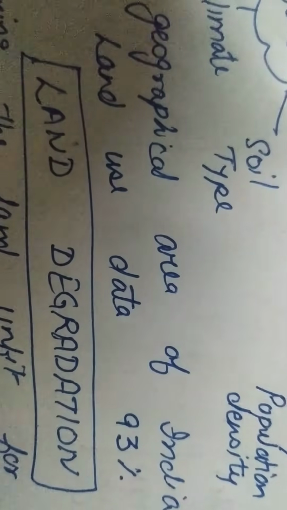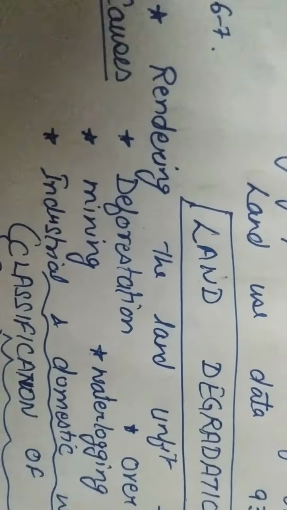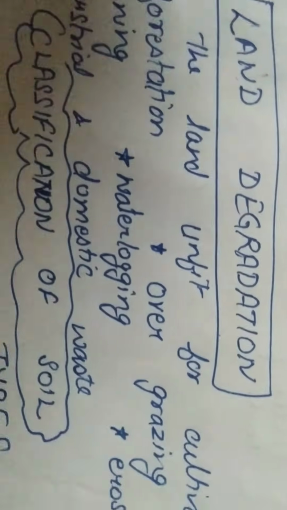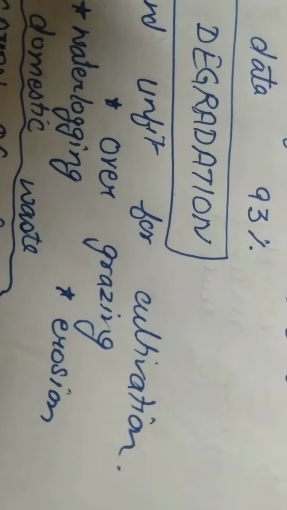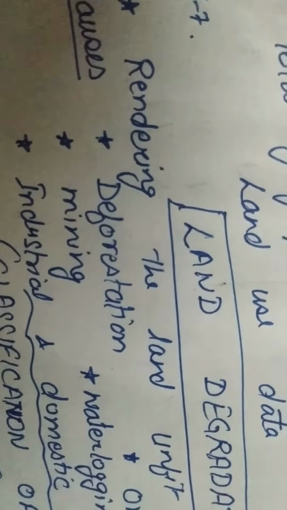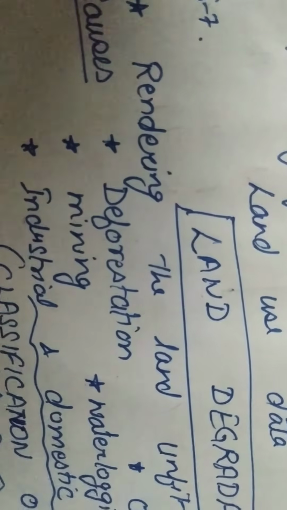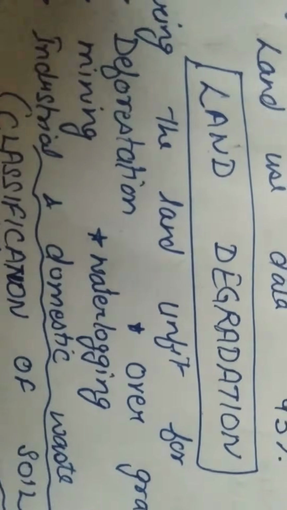Now land degradation. What is land degradation? Land degradation means rendering the land unfit for cultivation. Make the land so bad that it is not fit for cultivation. That is, degrade it. What are the causes? First, deforestation, cutting of trees. Second, overgrazing.